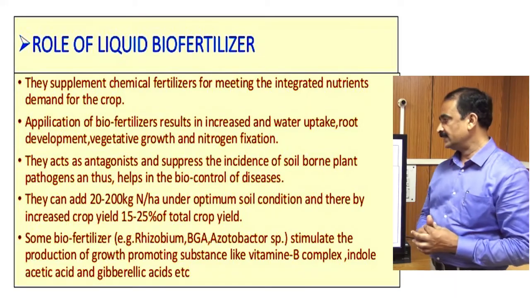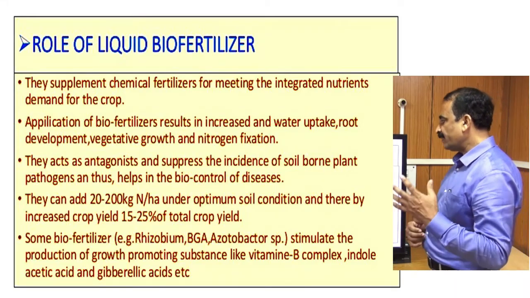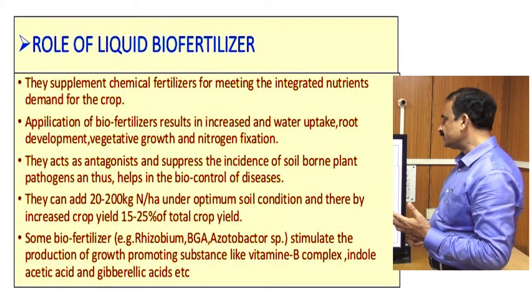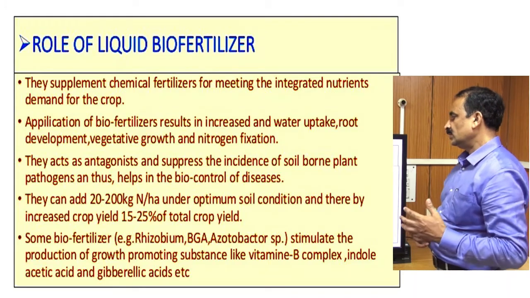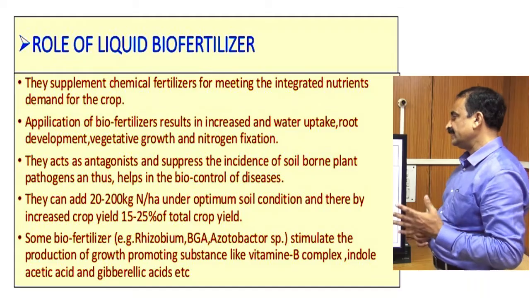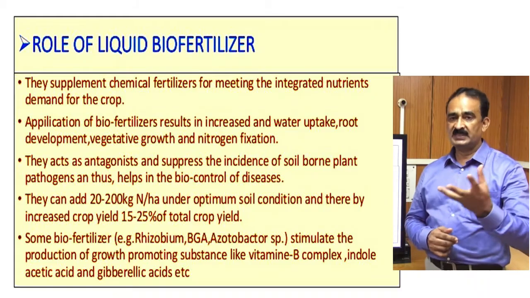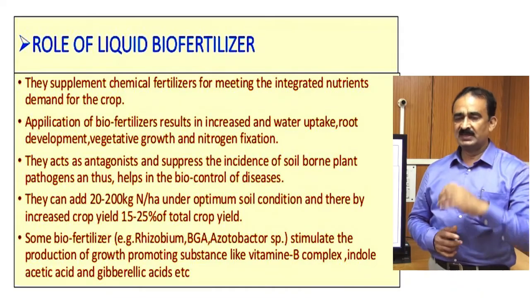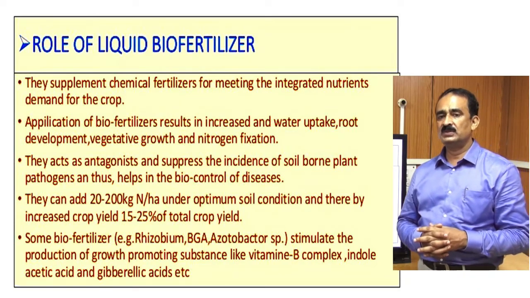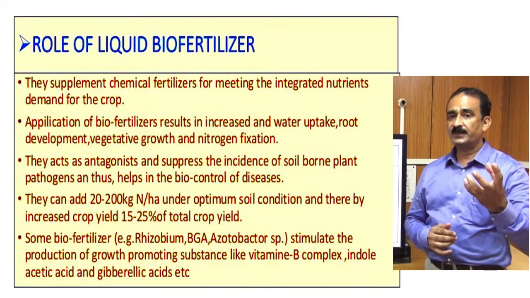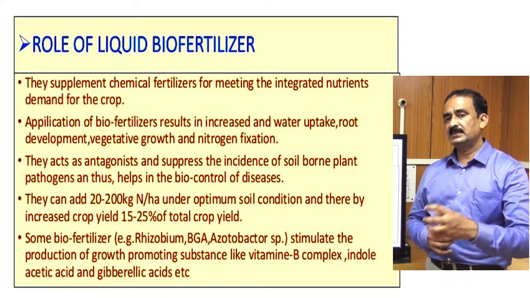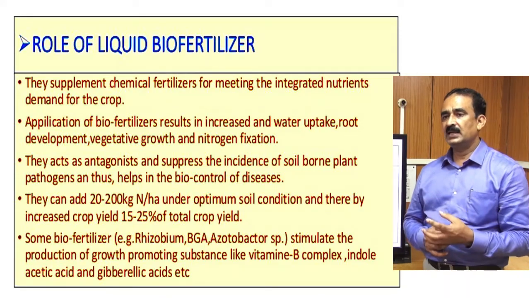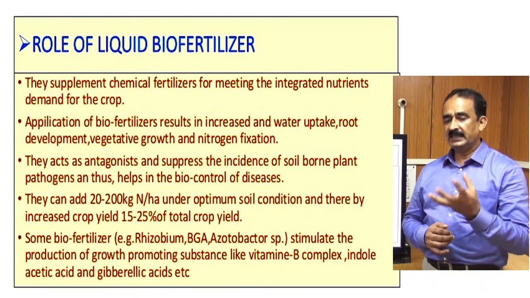Application of biofertilizer results in increased water uptake, root development, vegetative growth and nitrogen fixation from the atmospheric nitrogen. As you know, in the atmosphere about 79 to 80% nitrogen is useless for the plant. So through this nitrogen fixing bacteria you can conserve it in the soil.